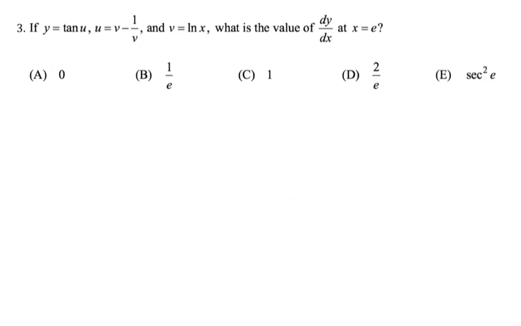Okay, so here we have y equals tangent of u, with u in terms of v, and v in terms of x. And then we want to find dy over dx.